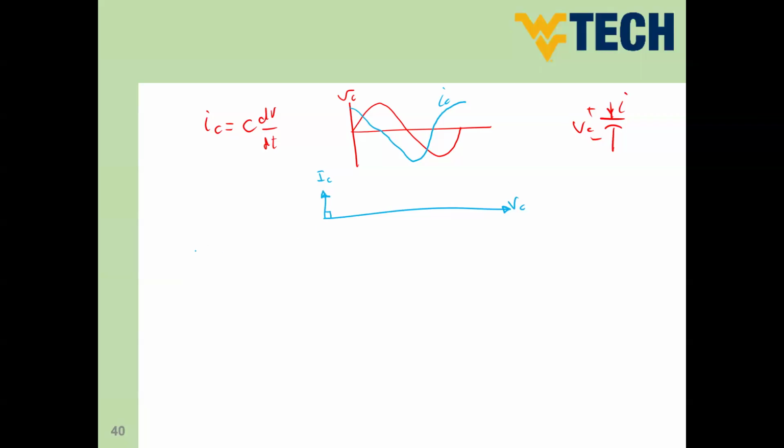What about our synchronous motor? If the synchronous motor is working at no load, and we neglected the machine losses, this means P input equals P output equals 0.